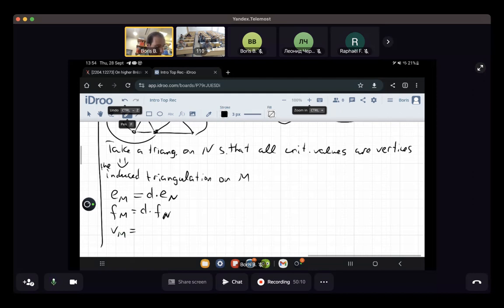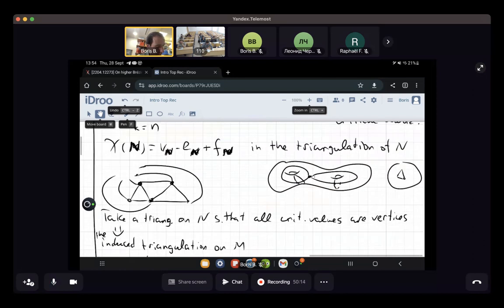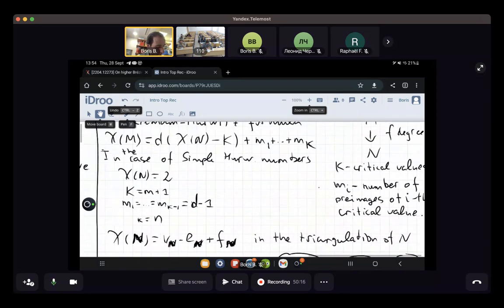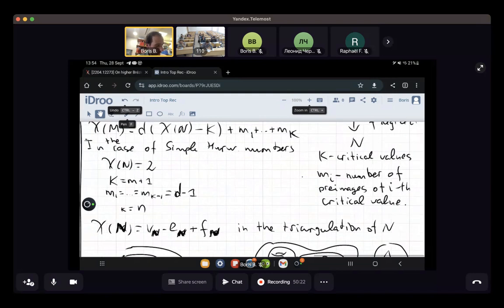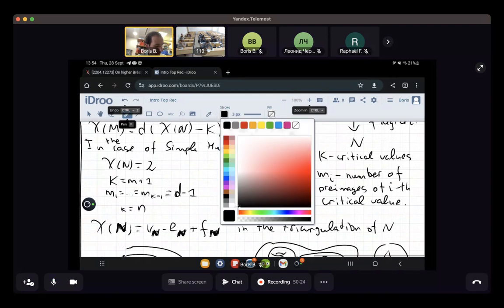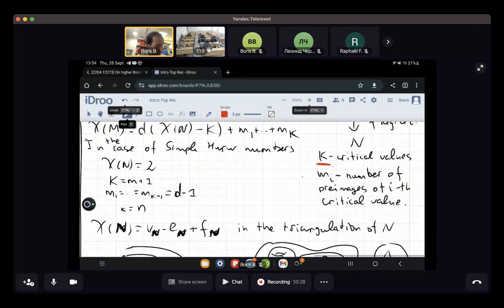And about vertices, we have k ramification critical values here, and V_N vertices overall.